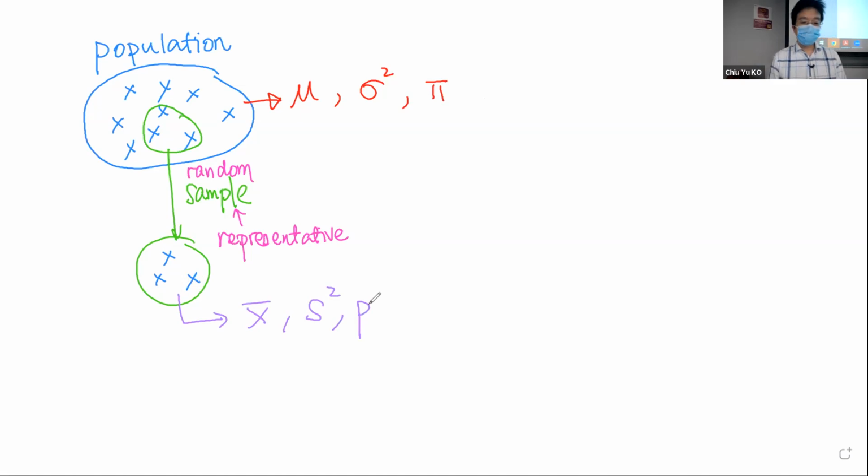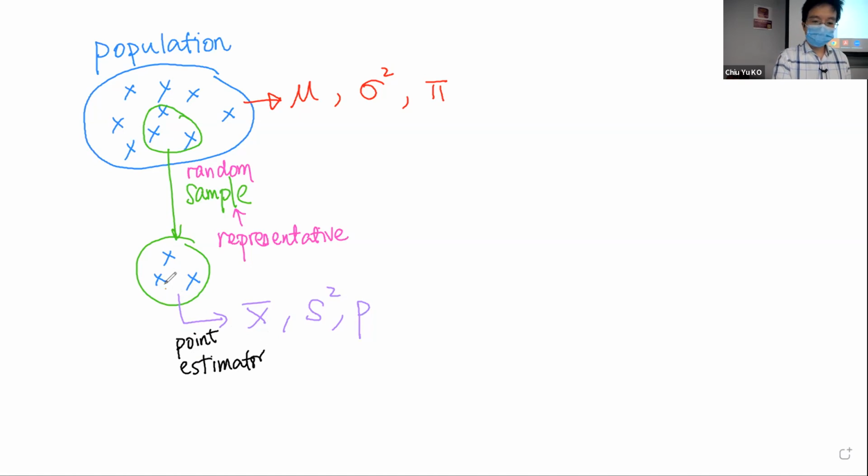Besides the point estimator, we also have what we call the interval estimator.